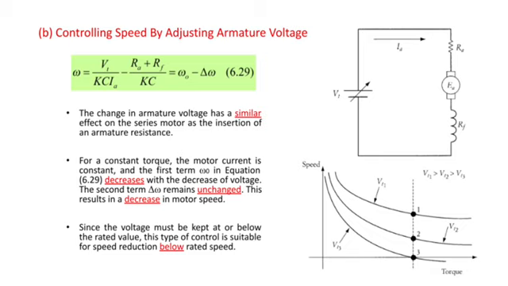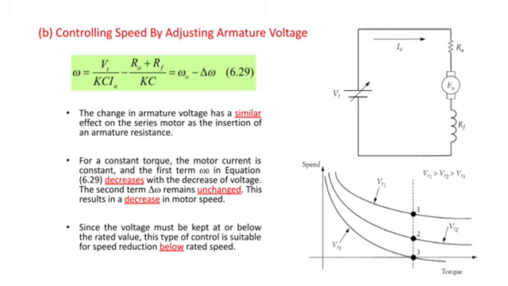The armature is connected in series with the variable resistor, which is used to adjust the armature voltage. When the variable resistor is set to its maximum value, the full voltage of the source is applied across the armature and field winding, and the motor runs at its maximum speed.